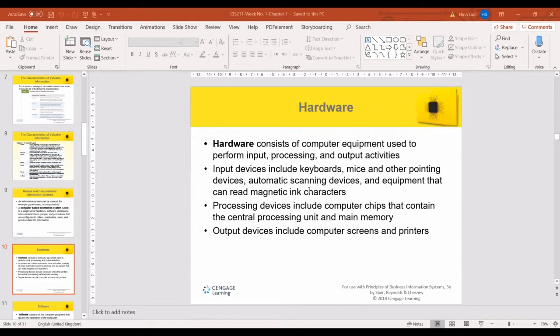Processing devices include computer chips that contain the central processing unit and main memory. Output devices include computer screens and printers. I think all of you are familiar with these. Am I right?